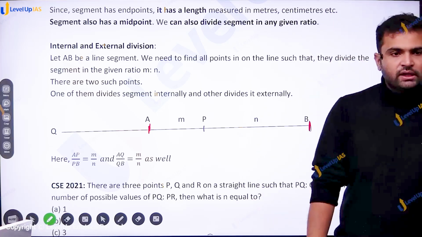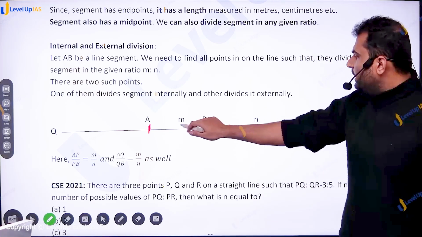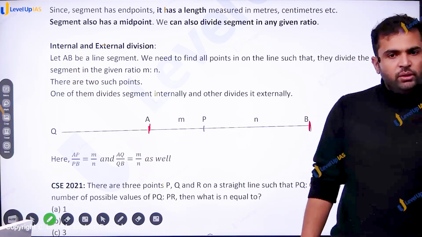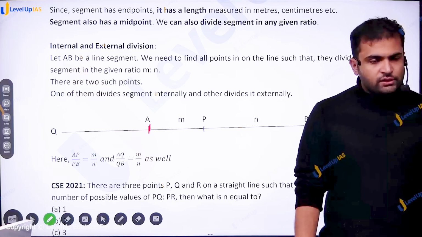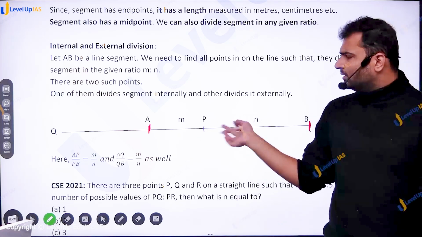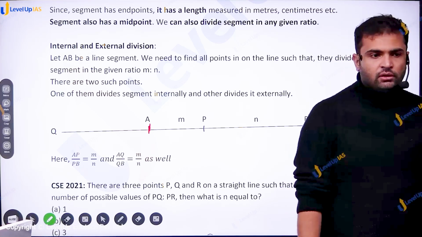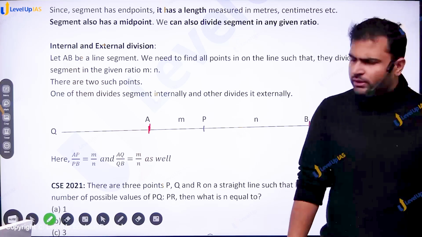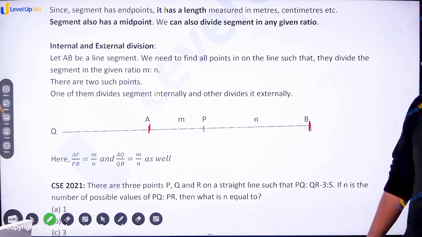It will have a certain length. So there would be a point in between A and B which divides this AB in the ratio m:n. Again, let us assume for our purpose this m/n is a proper fraction. What do we mean by proper fraction? The denominator is bigger, nothing else. Just be familiar with the terminologies.